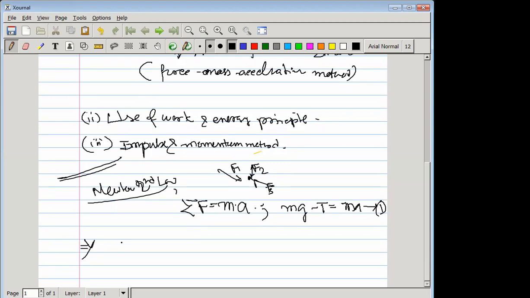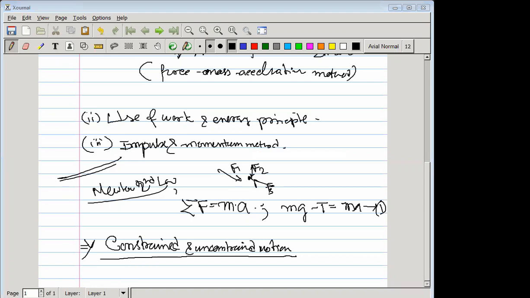Another thing is, what is the difference between constrained and unconstrained motion? Unconstrained motion means the particle is free of mechanical guides and follows a path determined by its initial motion and the forces applied to it from an external source.